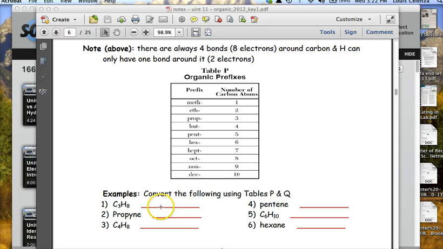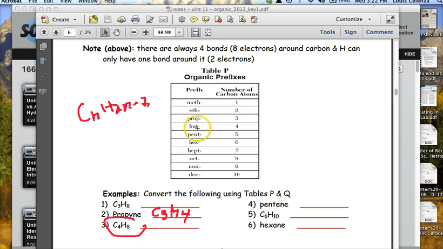So it's propyne, so it begins with 3 carbons, and I know it is an alkyne with a Y. So I look at the formula, CnH2n minus 2. I plug 3 in here, 3 times 2 is 6, minus 2 is 4. So the formula is C3H4.